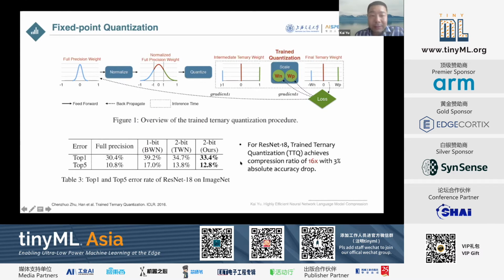Here is one example of doing fixed point quantization. In this example, for the full precision weight, we first do normalization, and then we chunk the region into 3 parts. For the middle part, just use 0. For the left and right parts, we can use fixed point to represent them. So this is a quantization to like 0, -1, and 1.